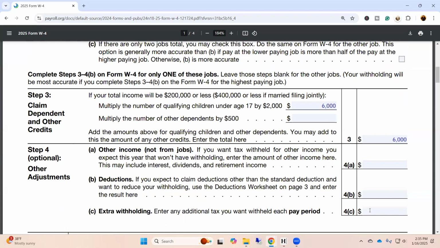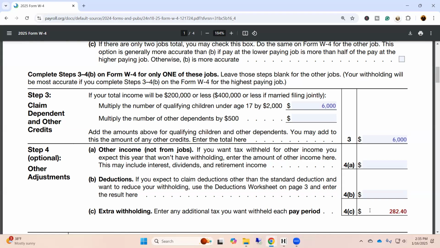In line 4C, where we select the extra withholding, we would take the 7,060 and divide that by the remaining pay periods. If you're doing this in January, you may have 25 pay periods left for the year. So that would look like $282.40.